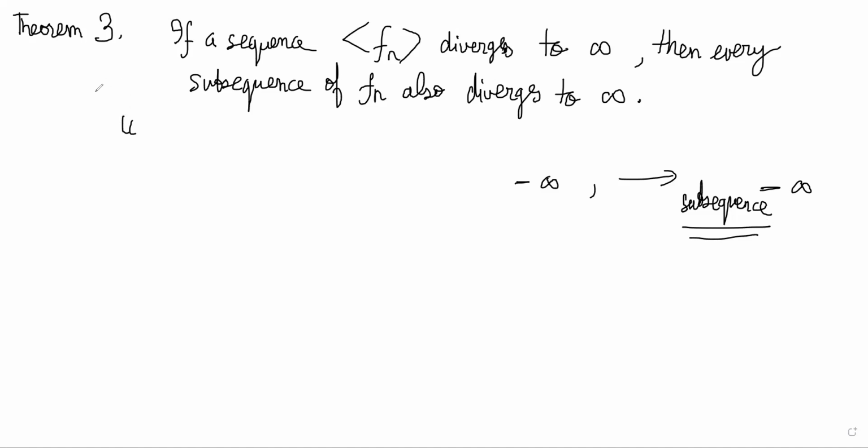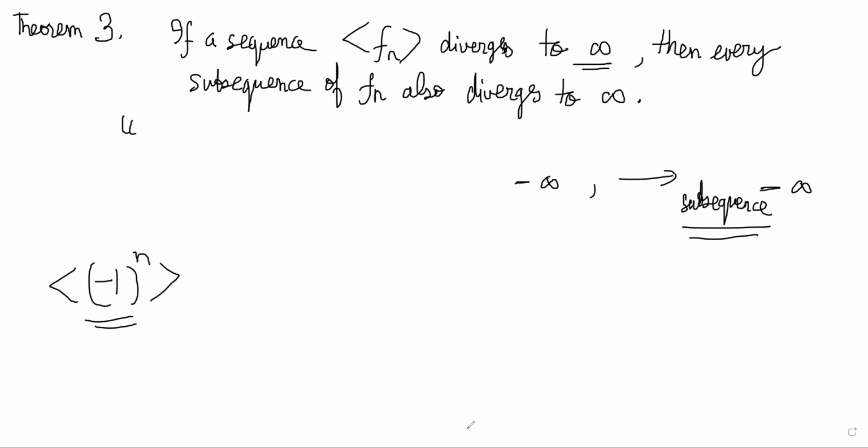This is important because sequences can be divergent in multiple ways. There could be divergence because there was no common limit, like the (-1)^n sequence, which was diverging, but not to infinity. It diverged because it had no common limit.